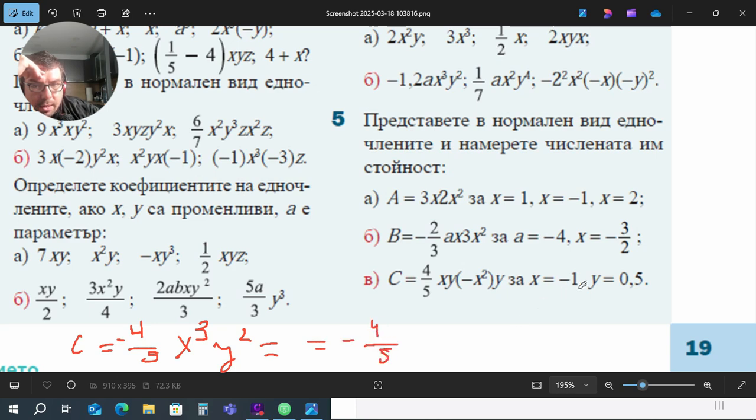So x is minus 1, minus 1 to the power of 3 is again minus 1, and 1 half, 0.5, is 1 half to the power of 2 is 1/4. Okay, so this and this will cancel, and minus times minus is a plus, so 1 over 5, which is 0.2.